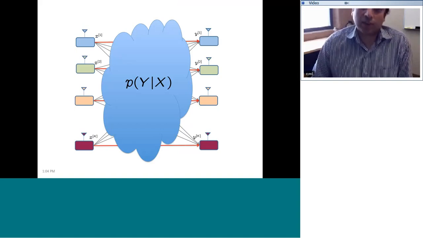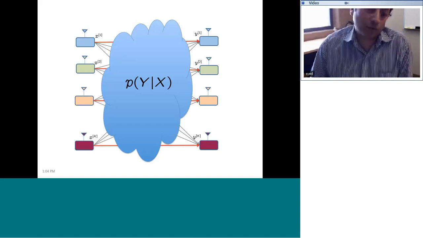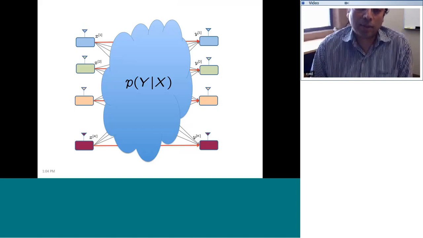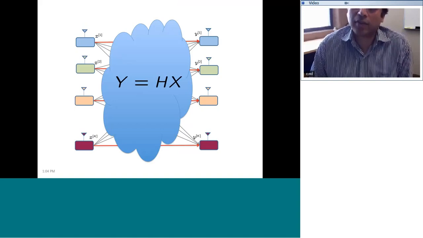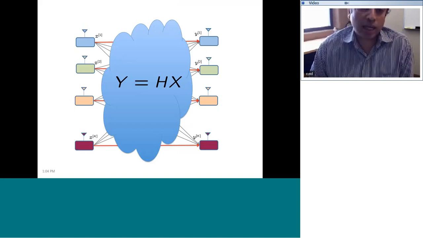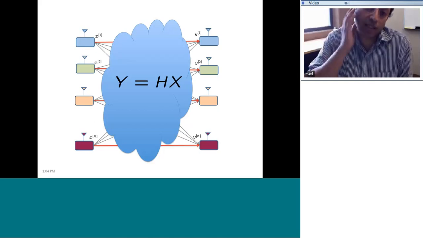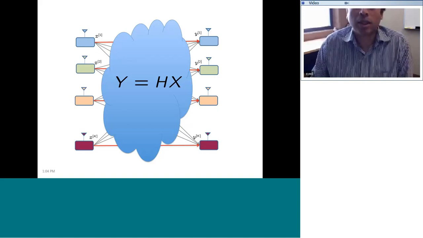Instead of going for the full capacity region of these discrete memoryless channel models, how about if we talk about a subset of these networks, which is linear communication networks. These are networks where the output, which I'll call the Y vector, is just a linear transformation of the input. The inputs are X, and that linear transformation is the matrix H.